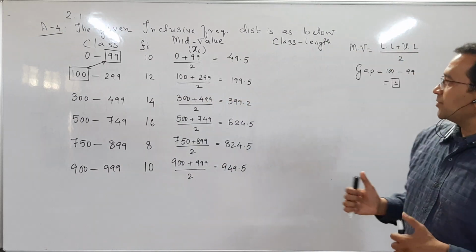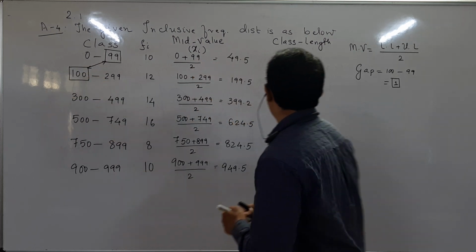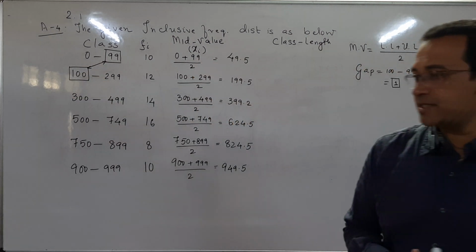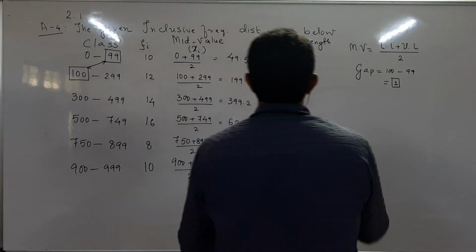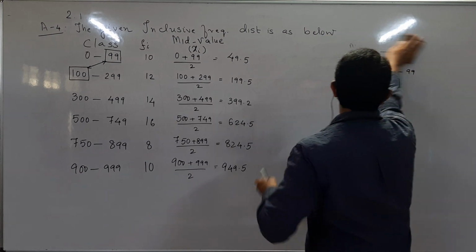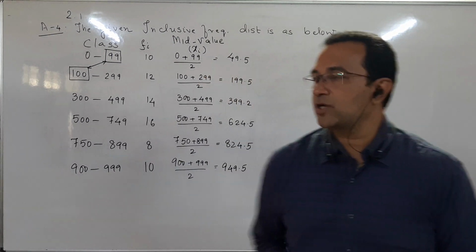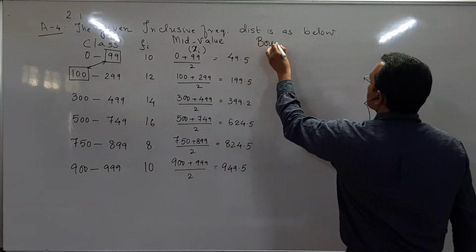So, if I subtract 0.5 from 0, I will get minus 0.5. First of all, students, let us make one extra column, and that is the column of boundary points. And then students will write class length, which will be very easy.